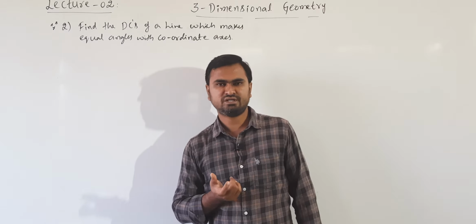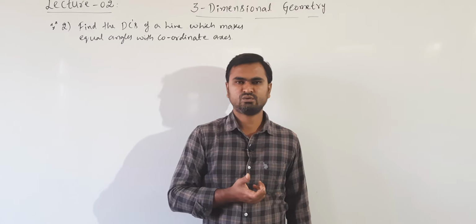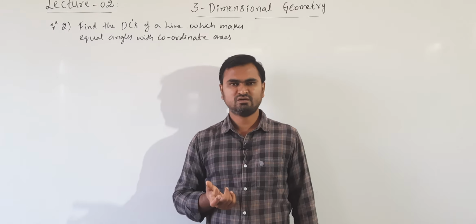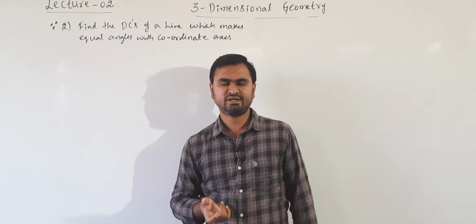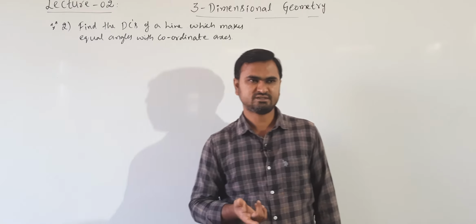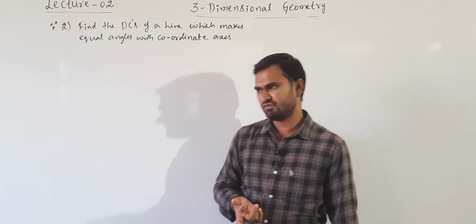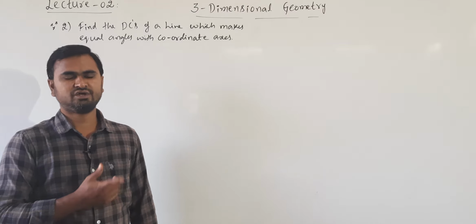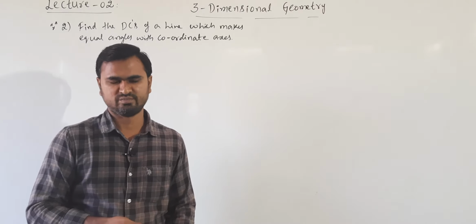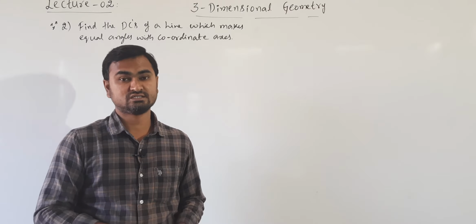So the condition you have to take here is alpha equal to beta equal to gamma. Under this condition we need the direction cosines. So what are the direction cosines now? Cos alpha, cos alpha and cos alpha, because we have alpha equal to beta equal to gamma. Now how do we find this cos alpha value?